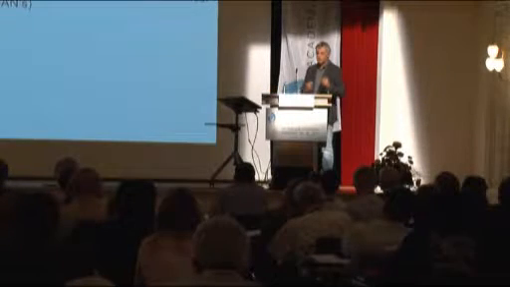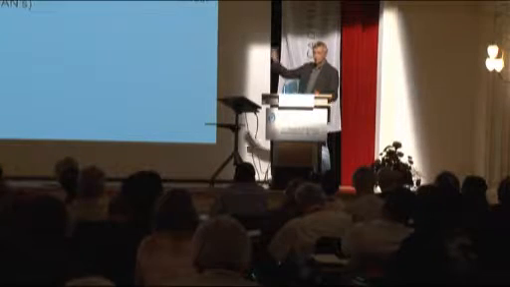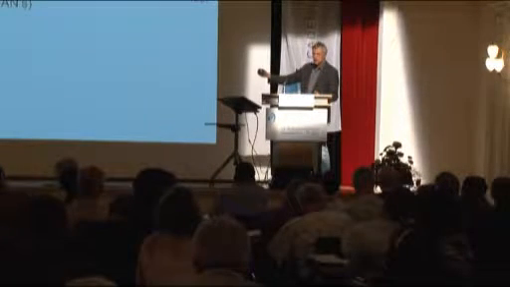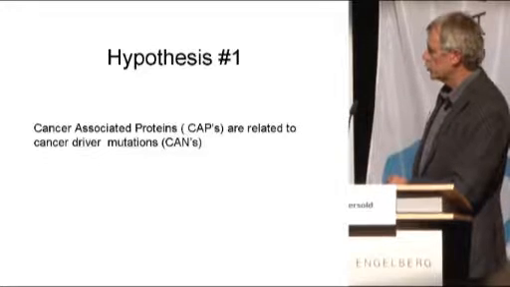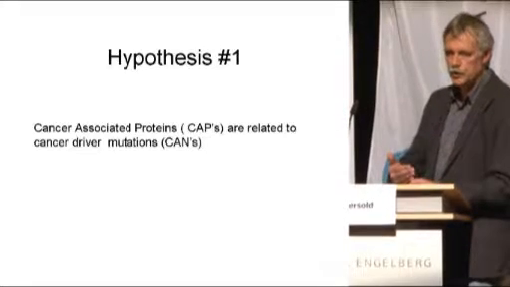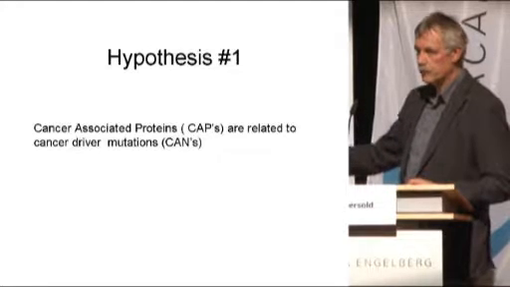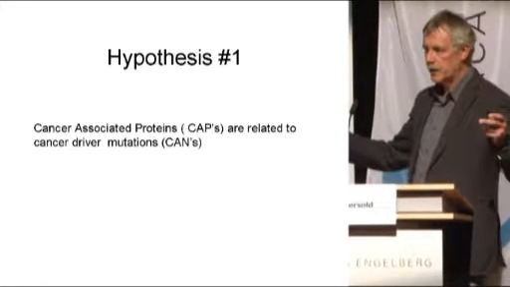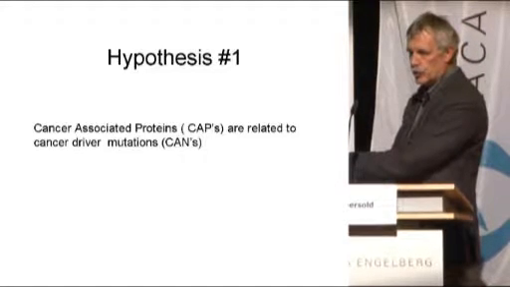If it is true that cancer driver mutations cause perturbed networks that are measurable, we should see a convergence of cancer-associated proteins found by cell biology and cancer biology and the driver genes coming out of genomics. So we try to make the link between genomic patterns and perturbed molecular networks.